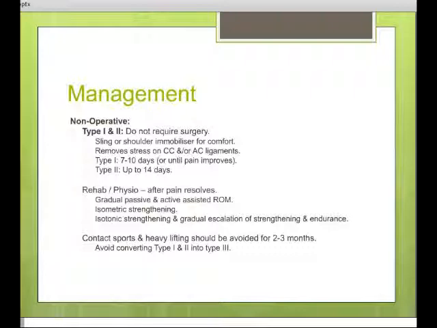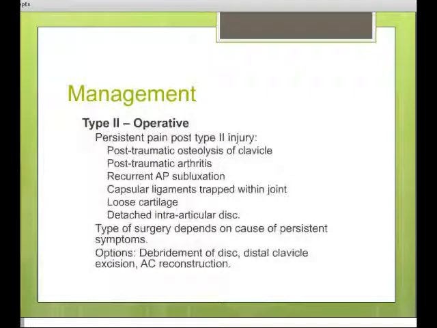Type 2 injuries, if the pain persists after a type 2 injury, we can consider operative treatment. The type of surgery depends on the cause of the symptoms.